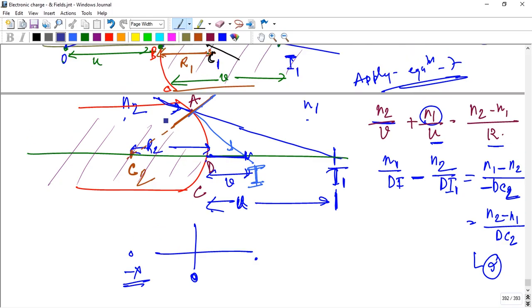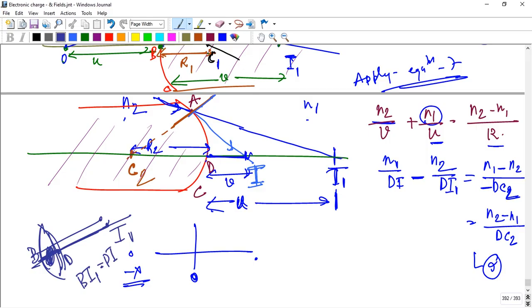Actually there is a thickness and I ignore it. So there is BI1 and there is DI1. If I ignore this very thin thickness, which is considered a thin lens, then BI1 equals DI1.